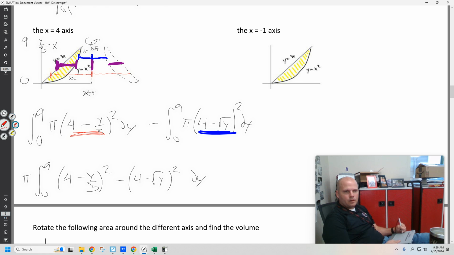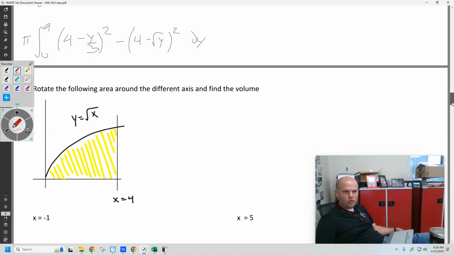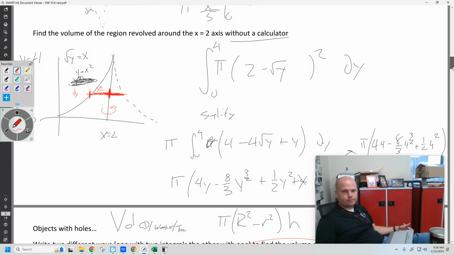All right, x equals -1 is over here. We're going to pop over here. You have to draw this. I'm going to try to do it one more time, and then the next one, I'm just going to do the washer approach.